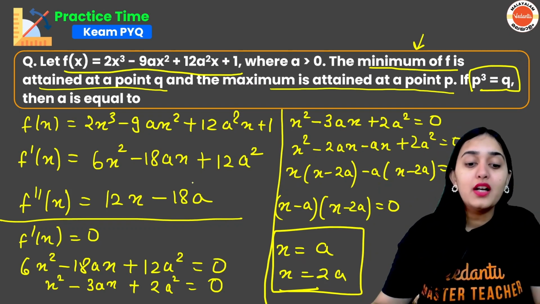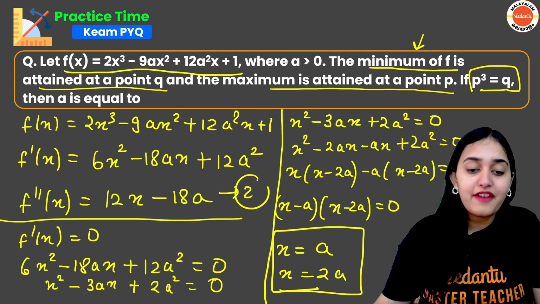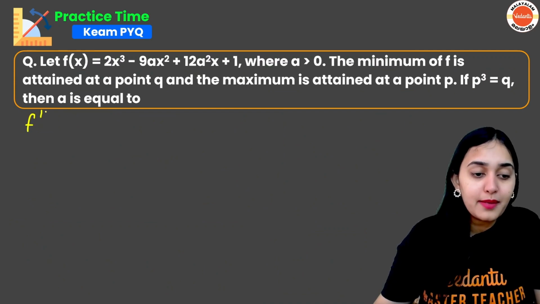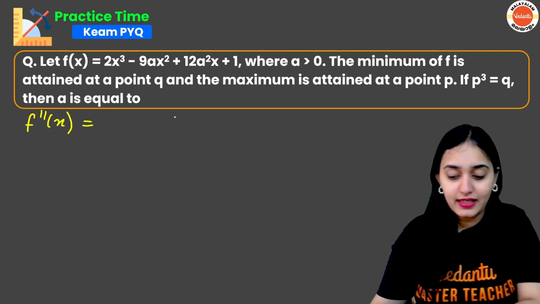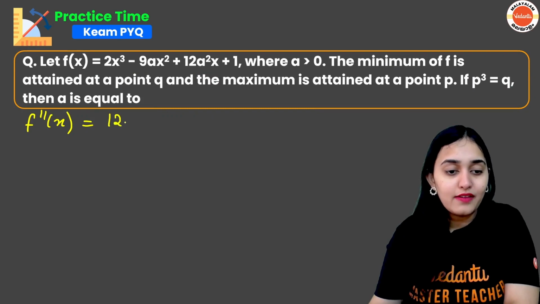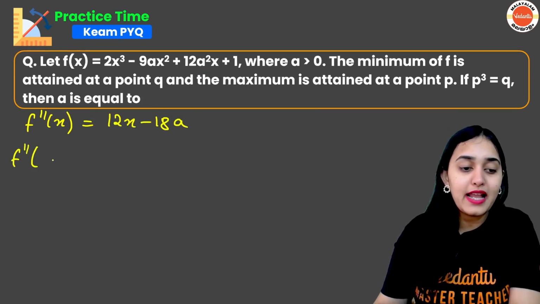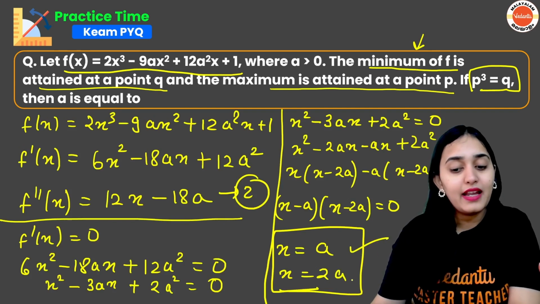These are my critical points: x is equal to a, x is equal to 2a. Now what we will do? Now we will take f double dash of x, which is 12x minus 18a. Let's find out f double dash of a and 2a.